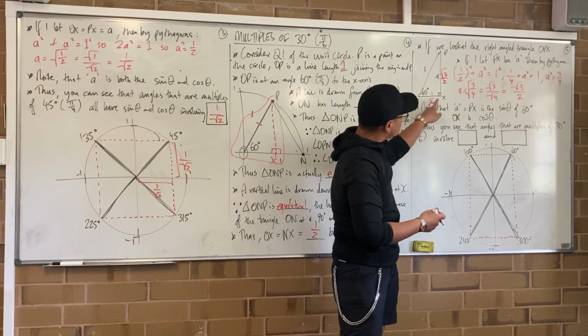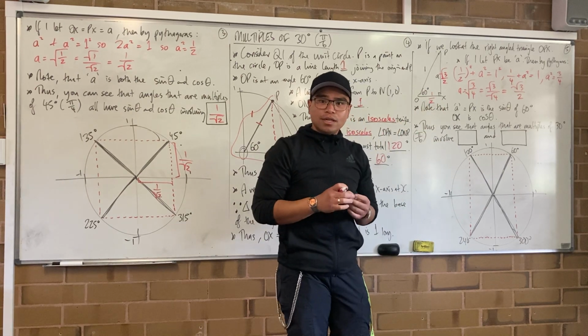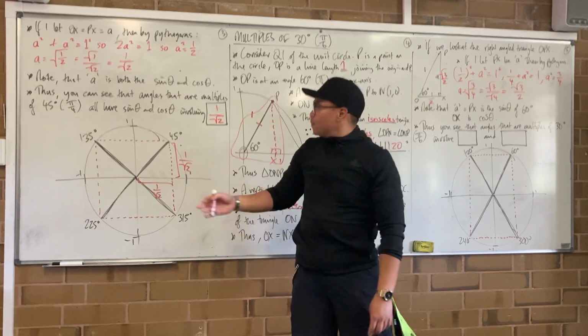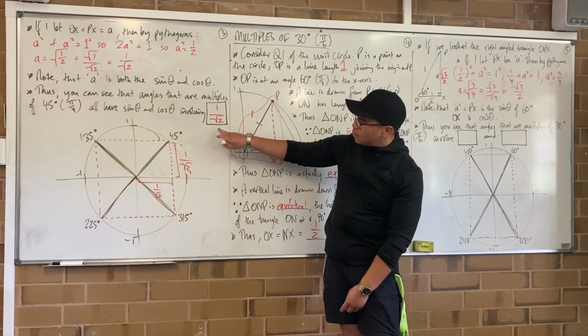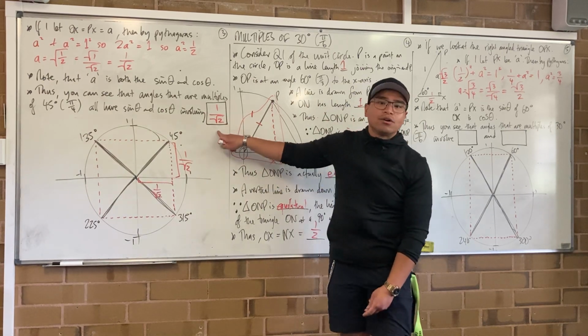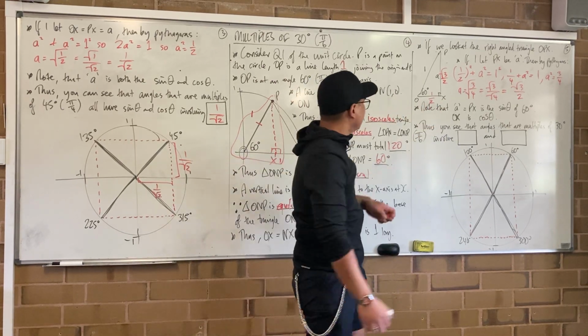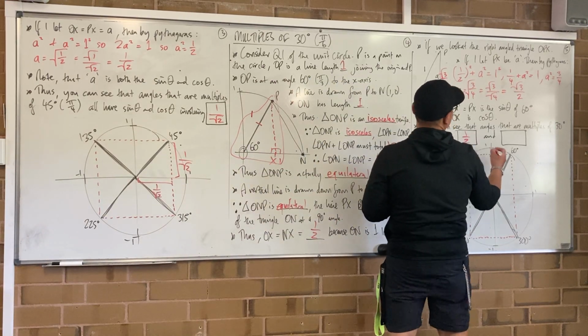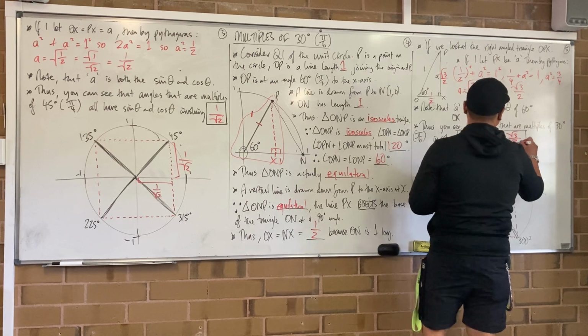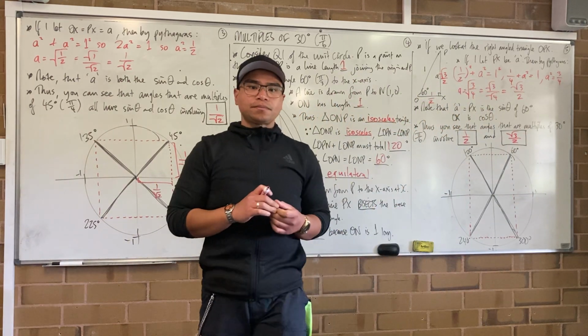And OX is the cos theta. So what can we see? When it's 45 degrees, the only lengths that I care about is 1 on root 2. But are there a couple of different lengths that I worry about here? You've got 1/2 and you've got root 3 on 2.